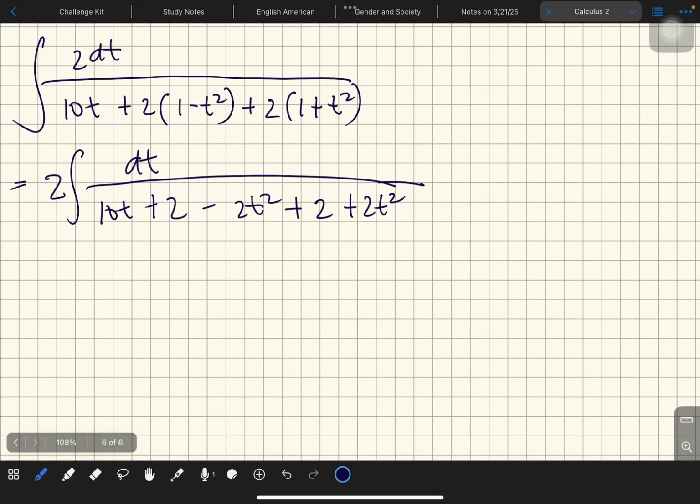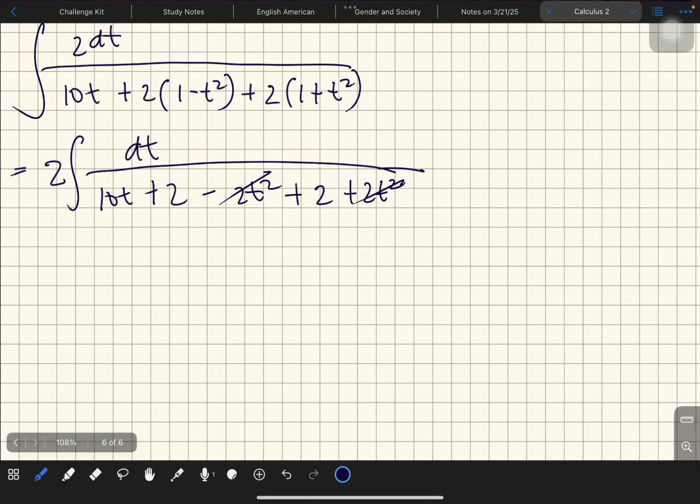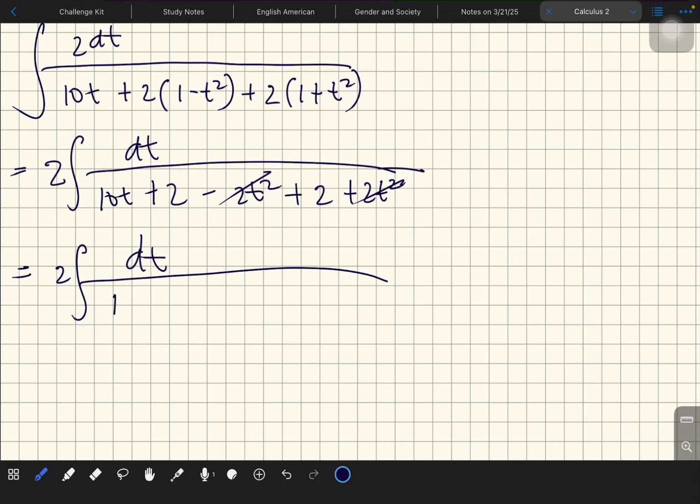So cancel the unlike terms. The negative 2t squared will be cancelled. So the new equation will become 2 times the integral of dt over 10t plus 4.